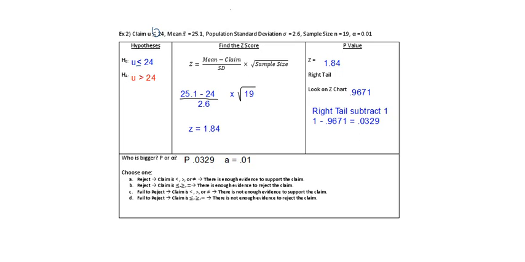To me, it looks like P is bigger. Whenever P is bigger, that always means fail to reject. So our choices are either going to be C or D. Since our claim was less than or equal, it looks like our choice is going to be D. All right, very good. Let's do some more.